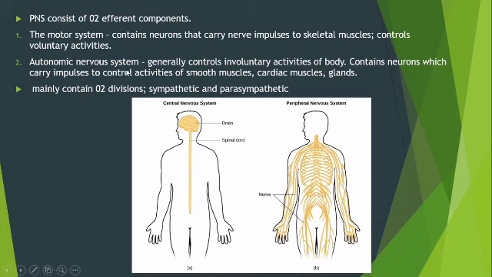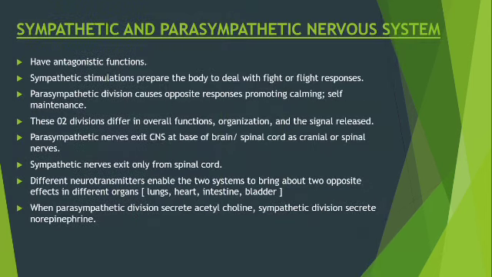The autonomic nervous system generally controls involuntary activities of the body, and it contains neurons which carry impulses to control activities of smooth muscles, cardiac muscles, and glands. The autonomic nervous system mainly contains two divisions: the sympathetic and parasympathetic nervous system.